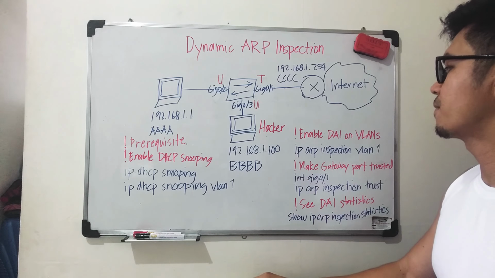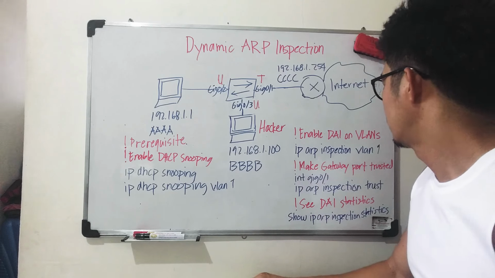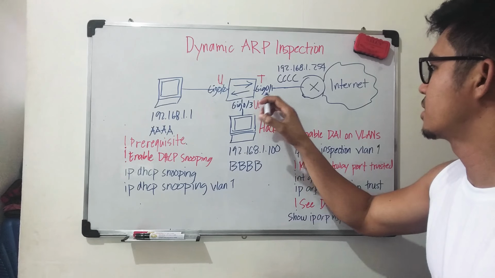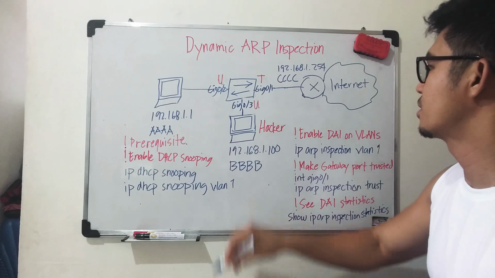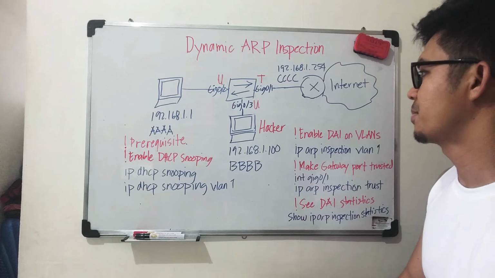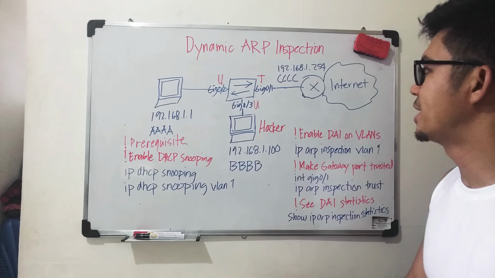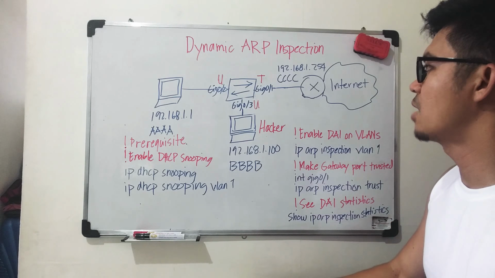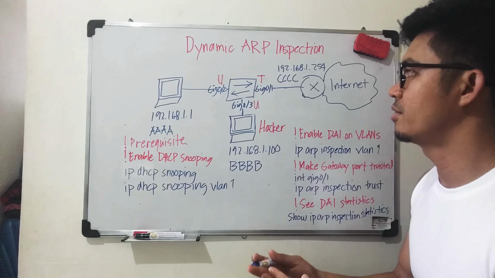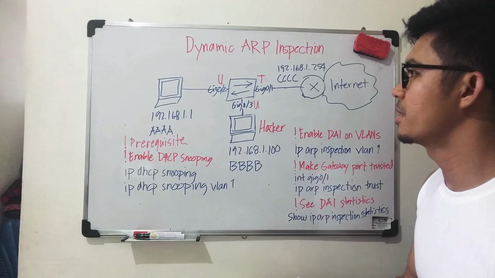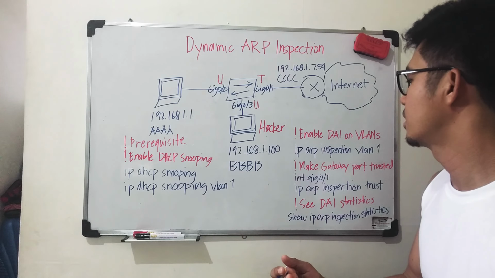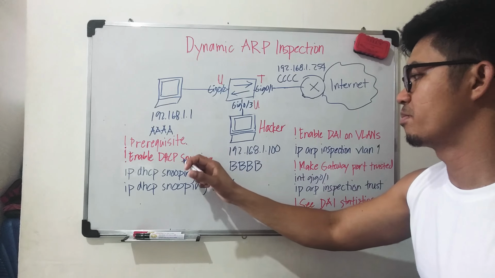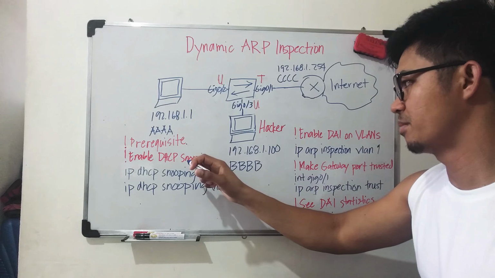So all the ARP requests coming into these ports will be inspected or intercepted, meaning that the ARP request should have the same IP address and MAC address based on the DHCP snooping binding. So that's why DHCP snooping is a prerequisite.